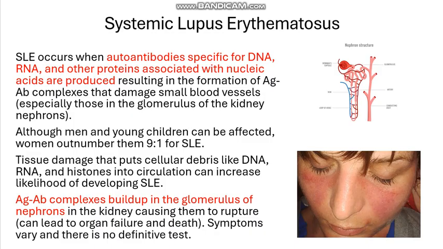So SLE occurs when autoantibodies specific for DNA, RNA, or other proteins associated with nucleic acids are produced, resulting in the formation of antigen-antibody complexes that target these nuclear antigens and damage small blood vessels, especially those in the glomerulus of the kidney nephrons, which you can see at the top right here.